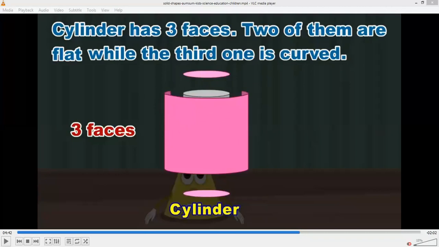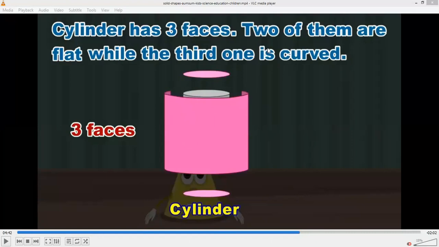Flat faces mean you can put something on them, and the curved face is used for rolling. You can roll the cylinder in your room, but you cannot put something on the curved face, it will be unbalanced. On the flat face you can put something.